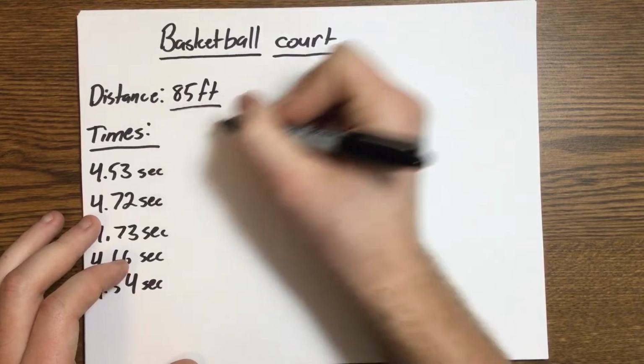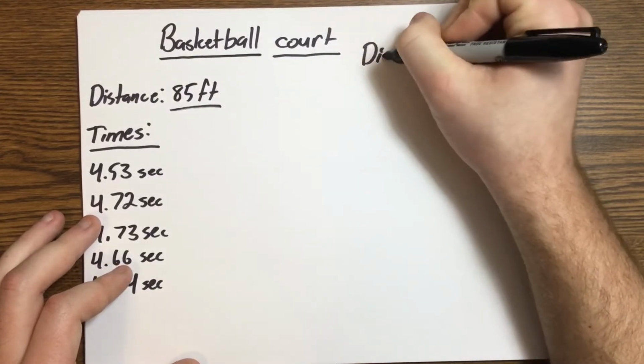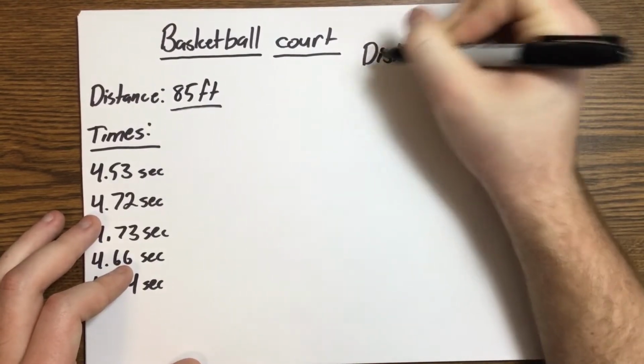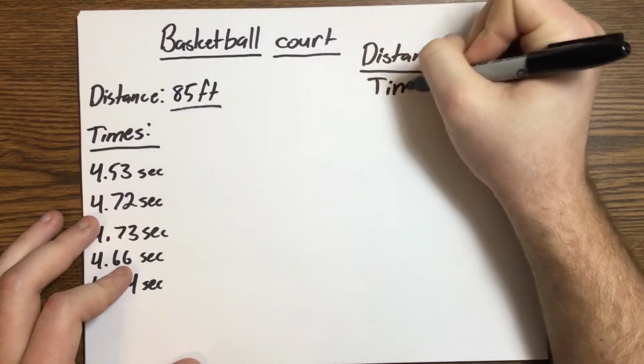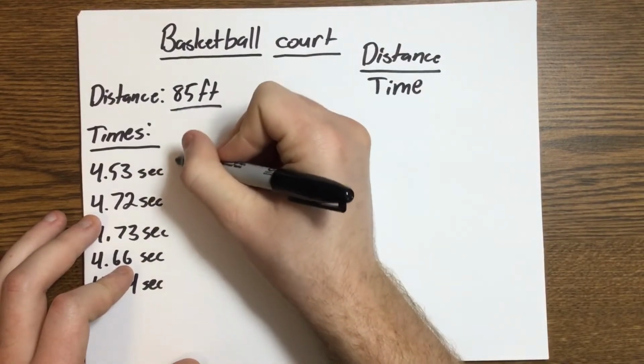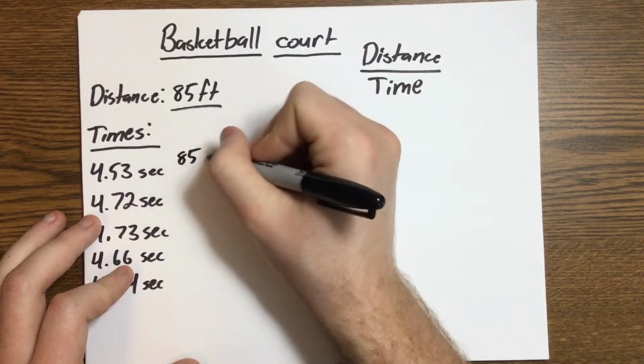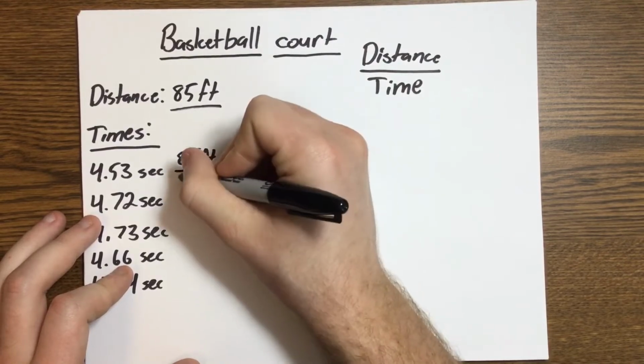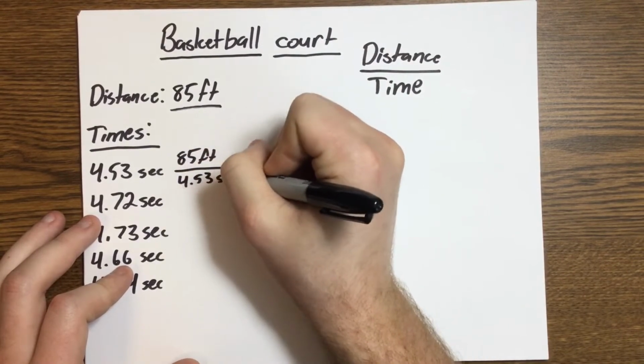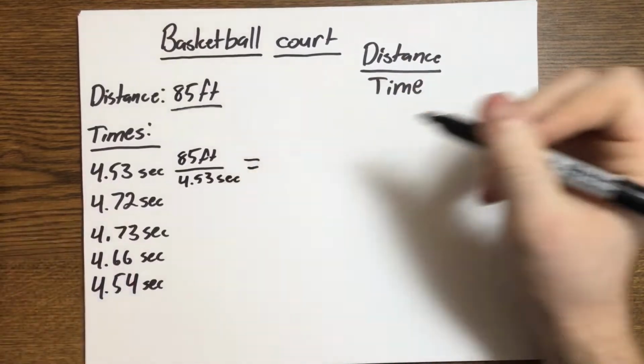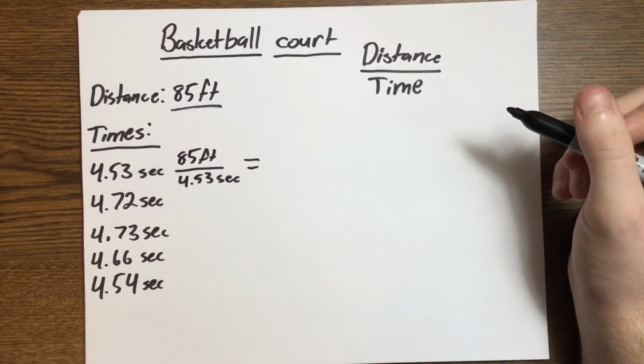So our distance, remember our equation is distance over time. So distance was 85 feet over 4.53 seconds. So 85 divided by 4.53.